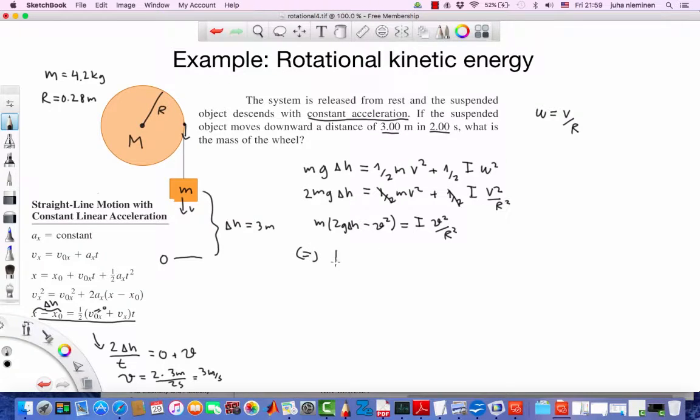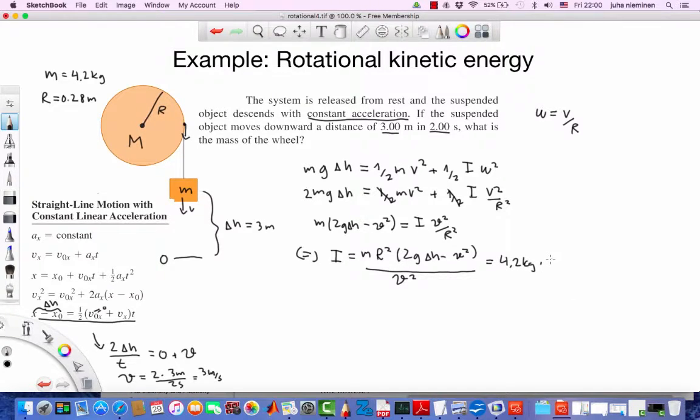From here we can solve for the moment of inertia to be m times r squared times 2g delta h minus v squared, divided by v squared.